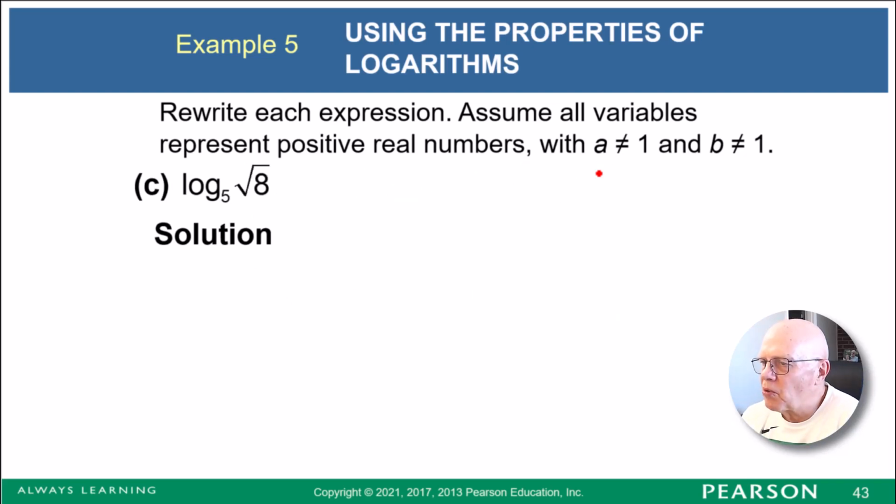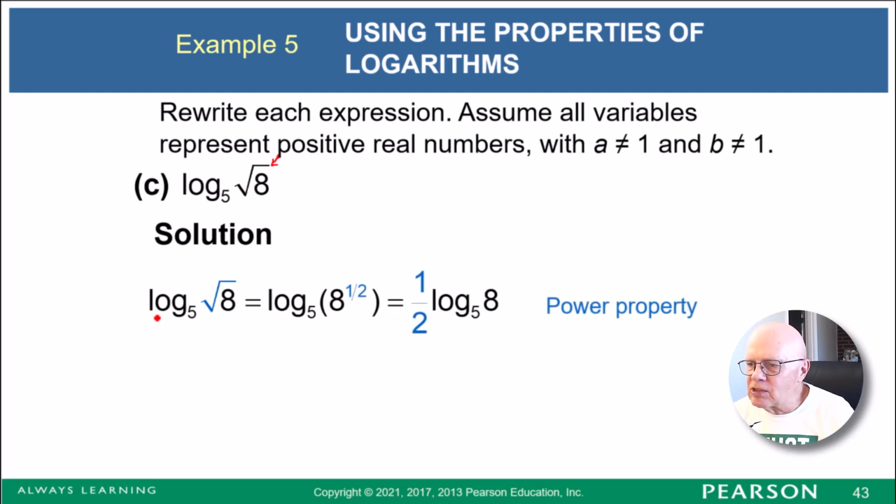Next, we're going to rewrite this expression. How do you rewrite that expression? Well, remember, this part says square root. And remember also that 8 is 2 cubed. So what do you have? Well, this logarithm, if we use the 1/2 instead of the square root, it's just another way of saying square root. And then since that is an exponent, we'll slide it out front and use our power property.